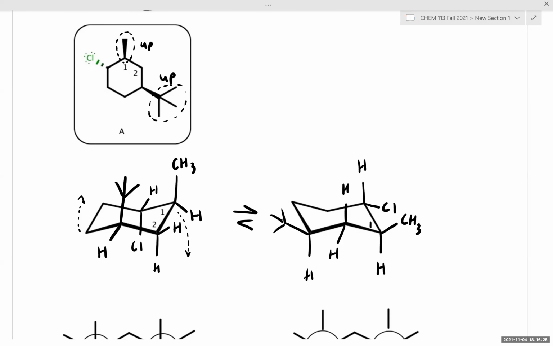Okay, any questions on how we got these 2 chair conformations? How come the chlorine is axial and not equatorial in the first chair conformation? Because the chlorine's pointing down, and as such, it must be in the axial position to be pointing down. Okay, but couldn't you have equatorial down as well? Not with this current view and with the current carbon labels.